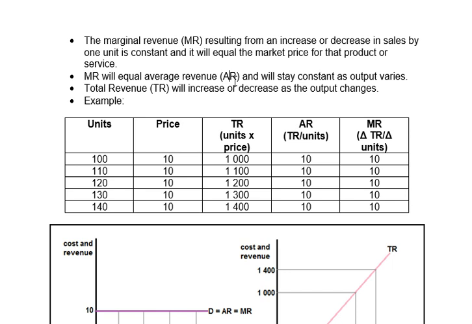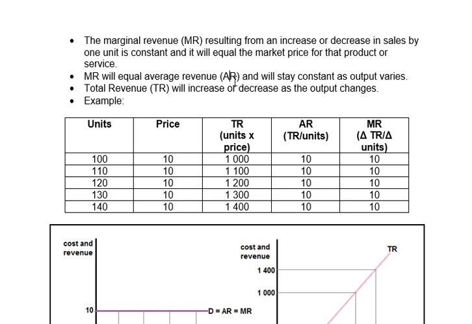How much extra revenue did I get? My price is still 10 Rand because my price is constant. So the extra revenue that I'm going to receive is another extra 10 Rand. And if I sell another cupcake to Caitlin, Caitlin is also going to pay me my price, which is 10 Rand. So my extra income is going to be another 10 Rand. And if I sell another cupcake to Kanisile, I'm going to get another 10 Rand.